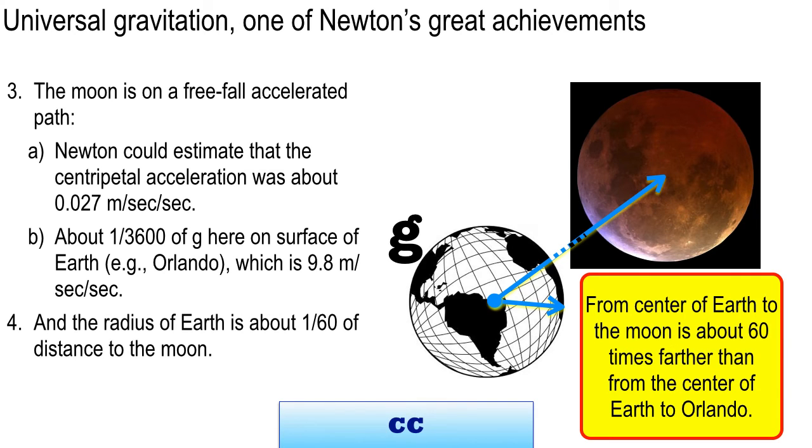It's pointing from the center of the Earth to about Cape Town, South Africa, somewhere around there. That's this little guy right here, almost horizontal. And then this one has some dots in it pointing toward the center of the moon. And the idea is that from the center of the Earth to the center of the moon, it's about 60 times more than from the center of the Earth to Orlando.